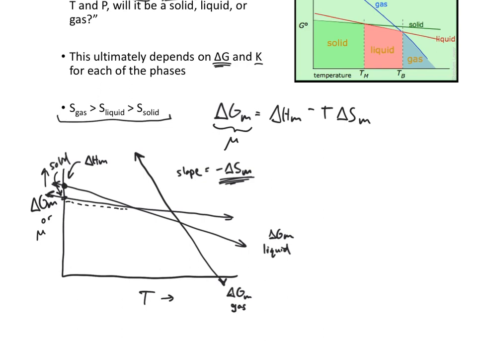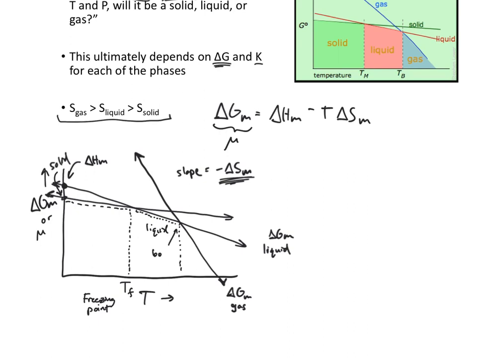Then right here at this point, that is the freezing temperature, freezing point. Okay, so we could call that TF. And then right here, because this one has the lowest Gibbs free energy, the system is going to be in the liquid phase because that's the liquid curve.